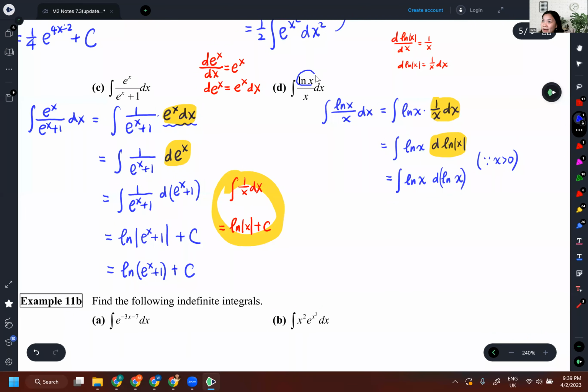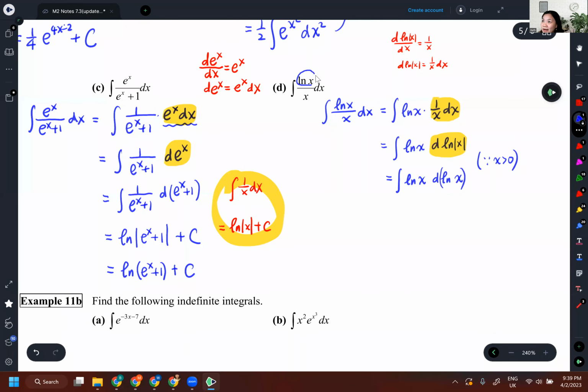Like here, the symbol 1 over x implies x cannot be 0. Otherwise, what am I writing? So from what the original function is like, you should already tell that the range of x is already narrowed down to what we call the domain.